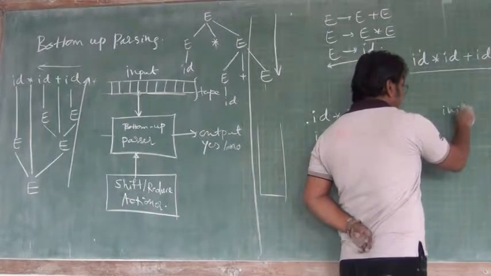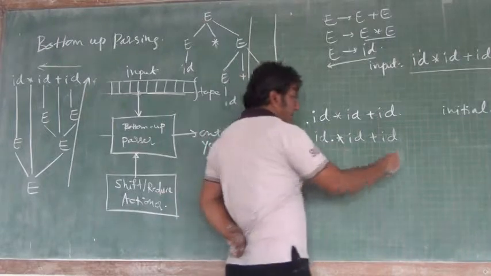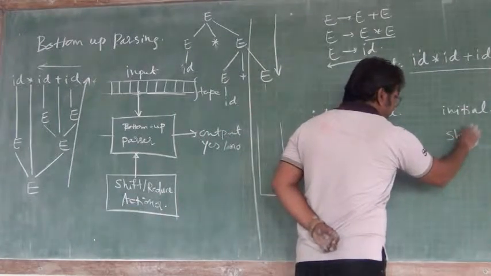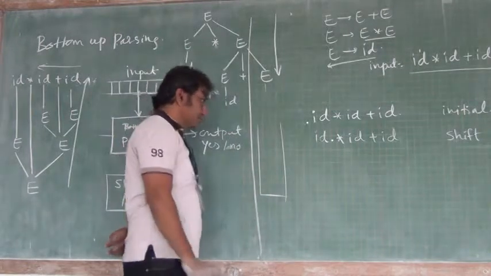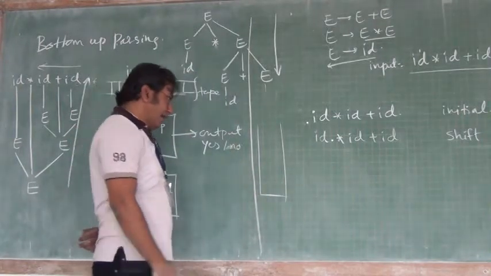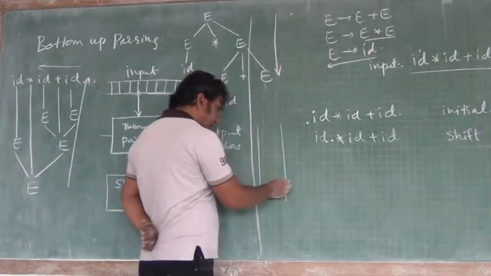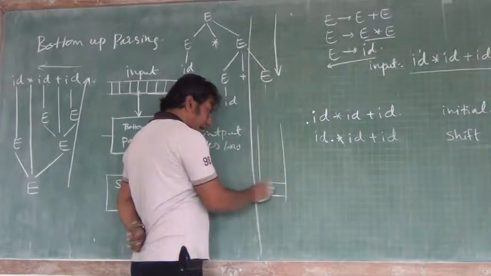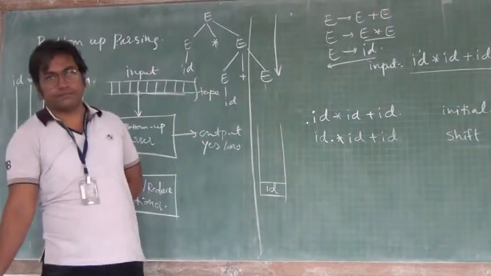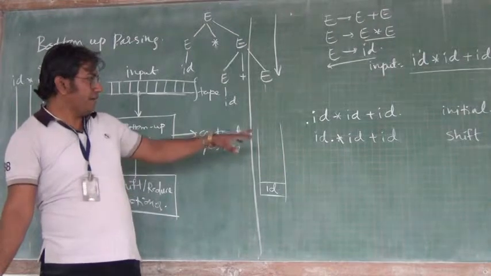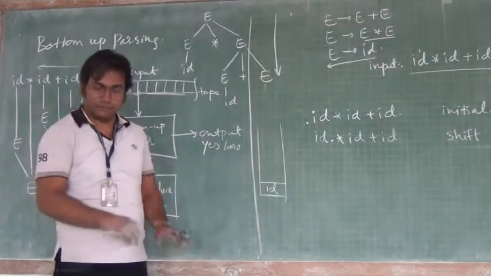This is the initial condition. Here I shifted my head and at the same moment I pushed that ID onto the stack. I shifted head and at the same time I put my symbol onto the stack.